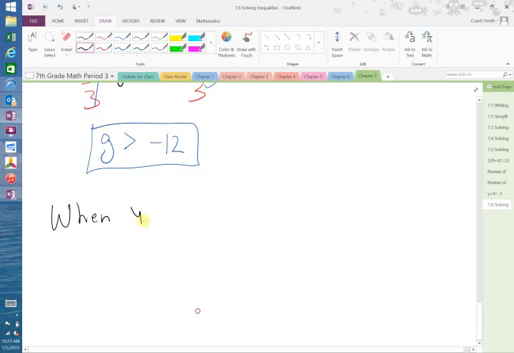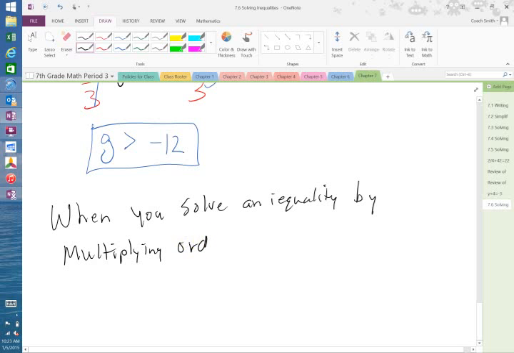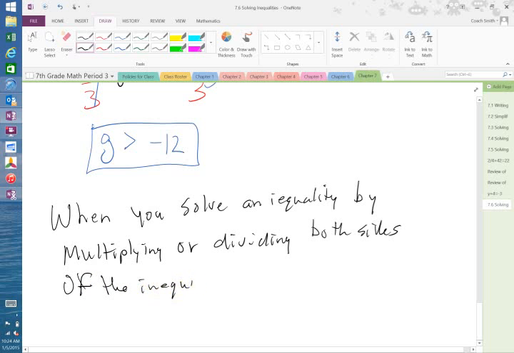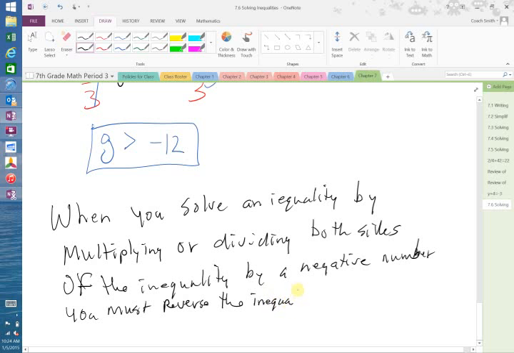When you solve an inequality by multiplying or dividing both sides of the inequality by a negative number, you must reverse the inequality sign.